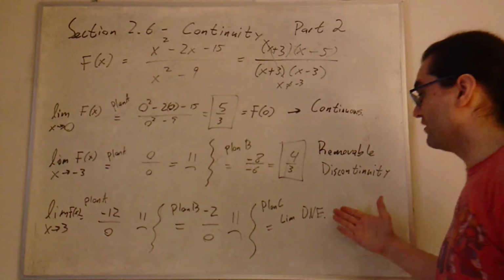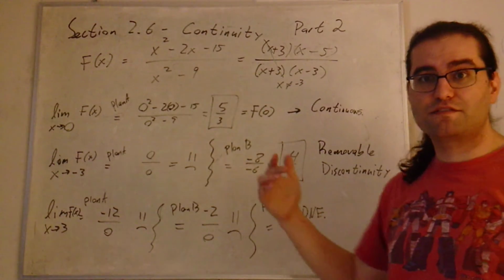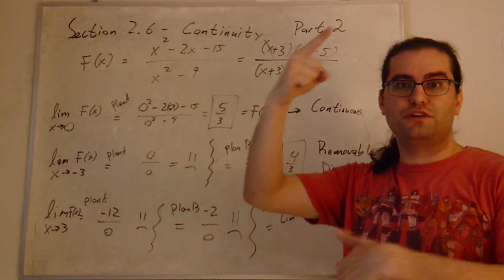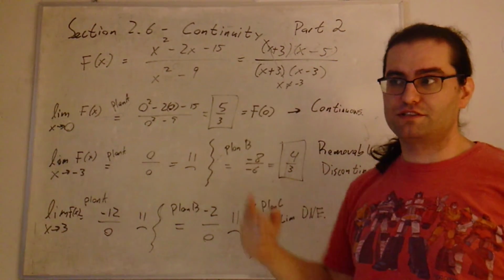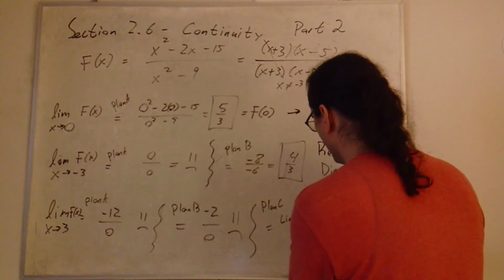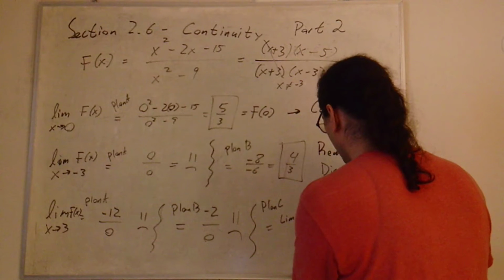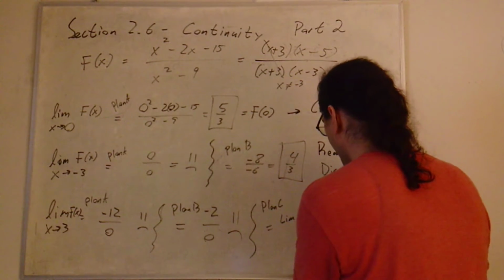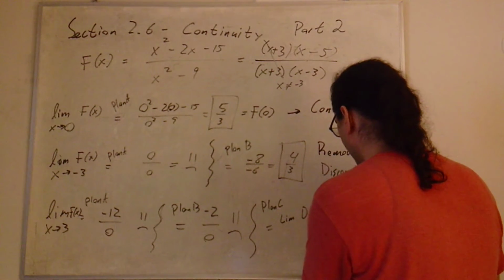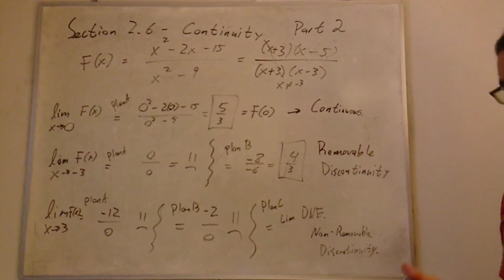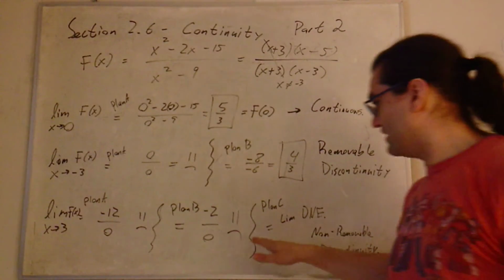If the limit does not exist, that means the function doesn't look like it's doing anything, or it looks like it's doing two different things, which means you can't fix that. This is a non-removable discontinuity. Because this is an asymptote.